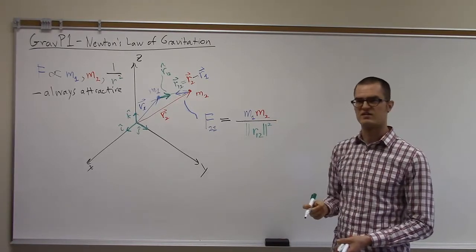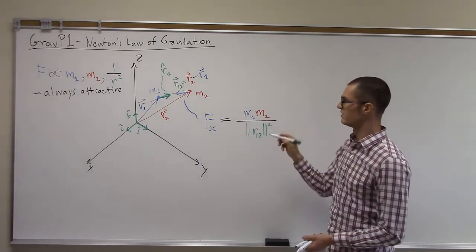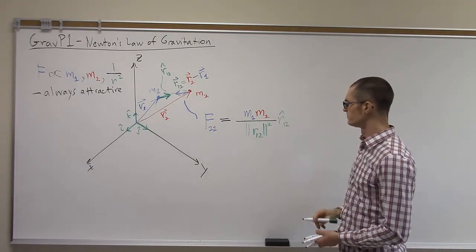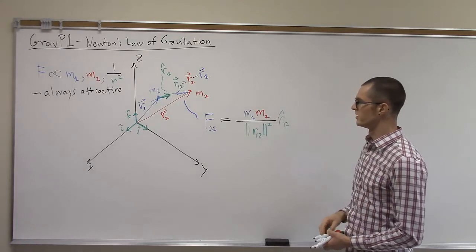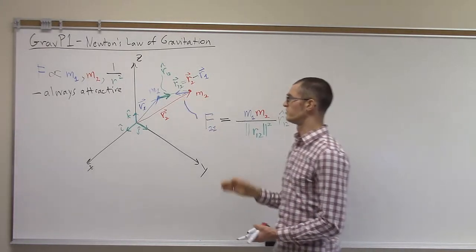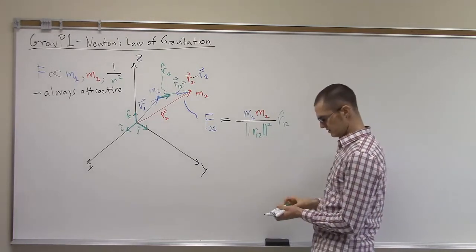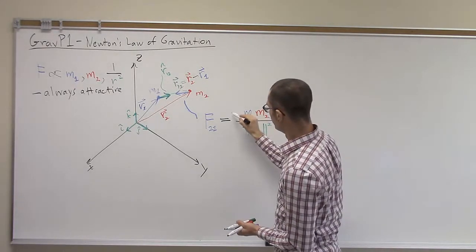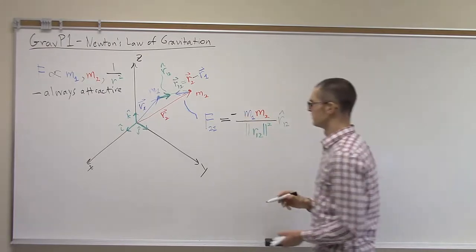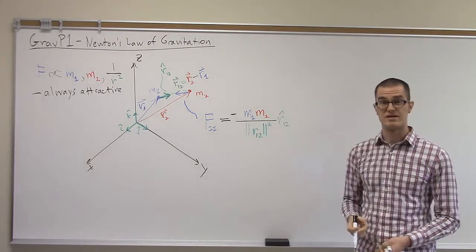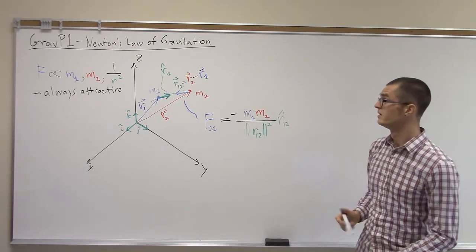And it's attractive, so it's on the line given by the unit vector R12. But it goes from 2 back to 1, whereas R12 points from 1 to 2. So I'll put a negative sign out front. So this gives us the basic form, including all of the variables that we need to express the law.